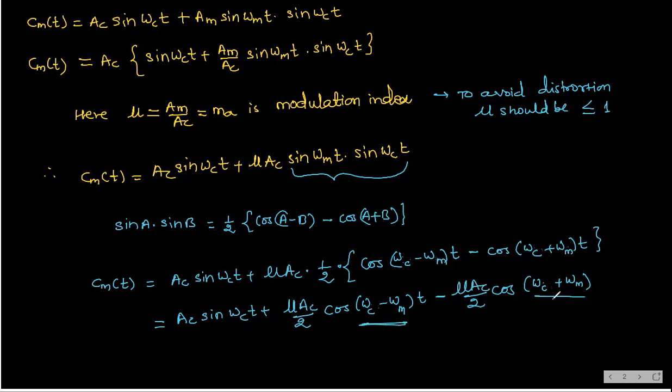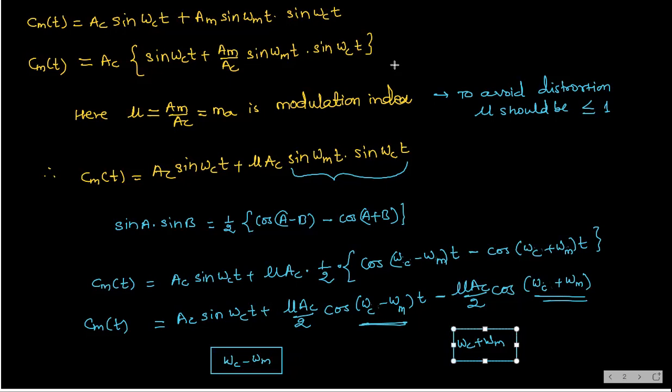Now this one, omega c minus omega m and omega c plus omega m is what we are calling lower sideband frequency, and this is upper sideband frequency.